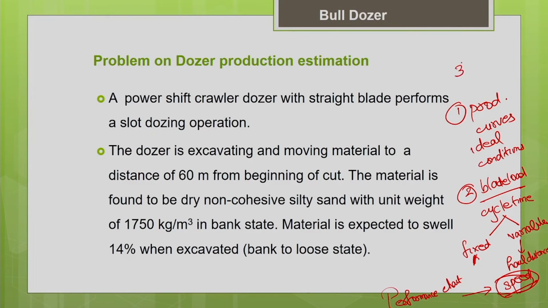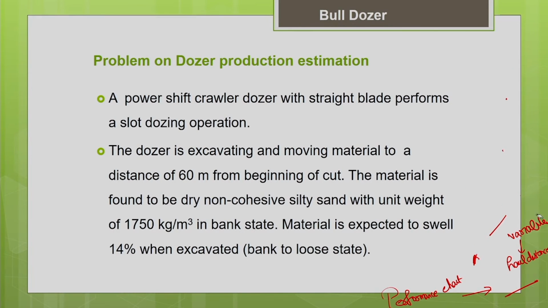The other approach is your thumb rule formula, with productivity as a function of the horsepower of the machine and the dozing distance. These formulas are available in the equipment handbook supplied by the manufacturer. So there are different approaches to estimate the productivity of the machine. Let us work out some problems so that we will understand better how to estimate the productivity of the bulldozer.